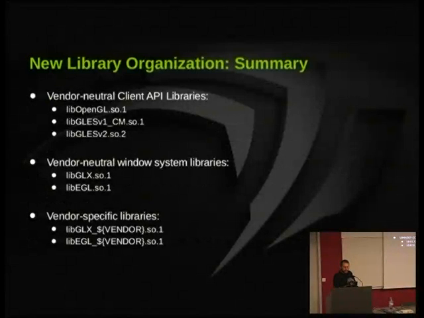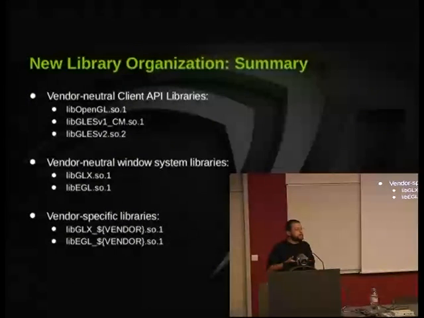Okay, so the libraries involved. First there's a set of vendor-neutral libraries that aren't provided by any particular OpenGL implementation. These would be the front-end libraries that provide the symbols that the application links against. So this would be libOpenGL, and then libgles. There would be vendor-neutral window system libraries, libglx and libegl.